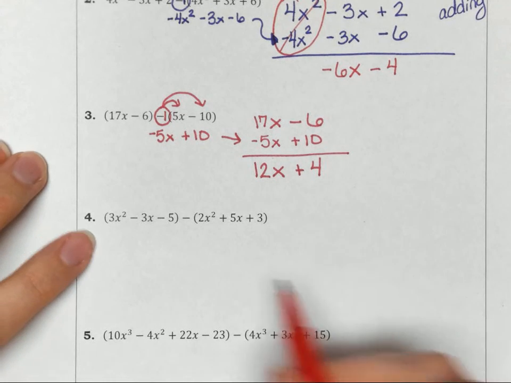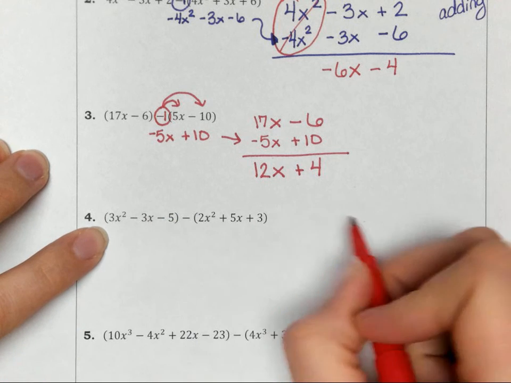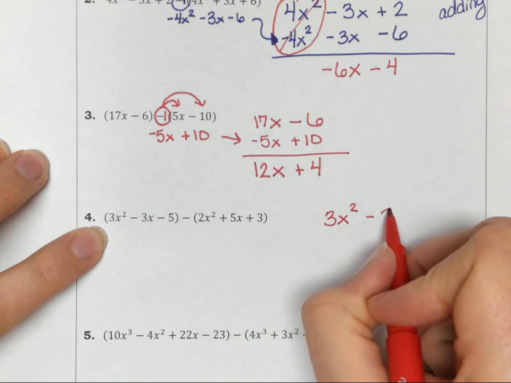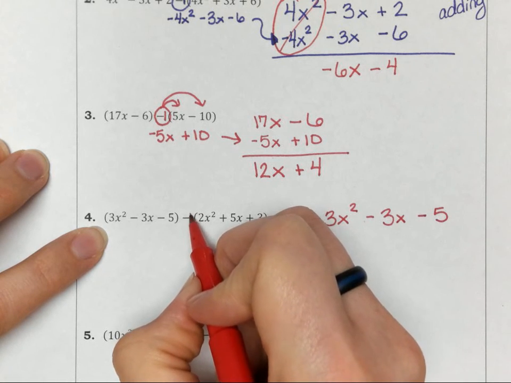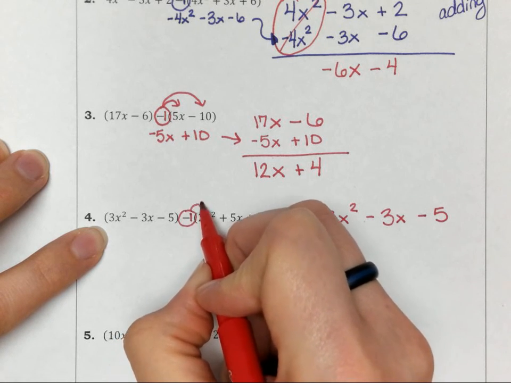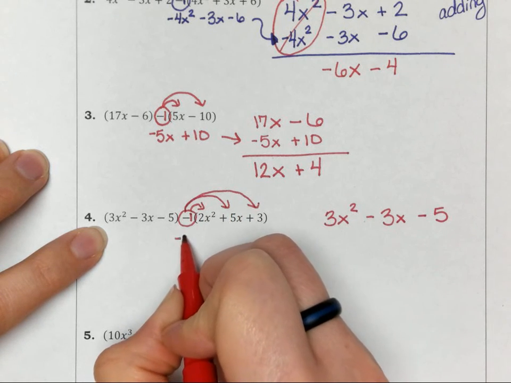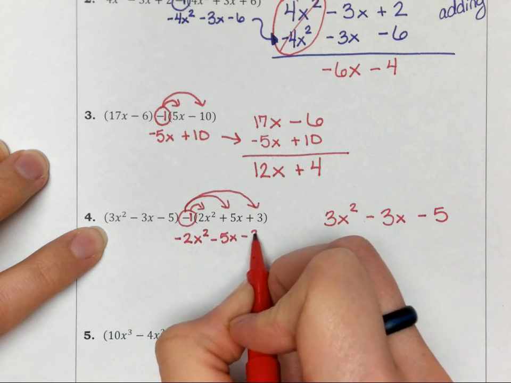Number 4. Rewrite the first part because there's nothing out in front. 3x squared minus 3x minus 5. Take this negative 1 and distribute it to everything. I have negative 2x squared, negative 5x, and negative 3.